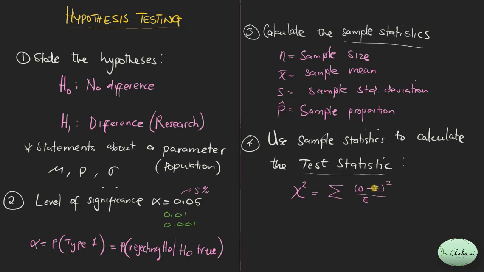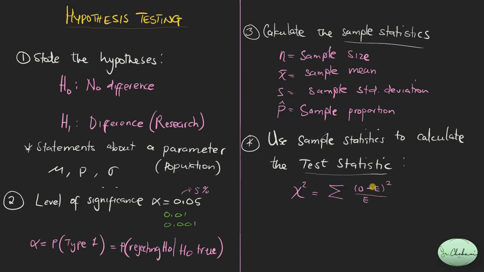I'll show you how we get the expected frequency in the next video. But the expected frequency is basically another table that is created with the assumption that the null hypothesis is true. We create that table with the assumption that there is no relationship or no association between the two variables that we are testing.